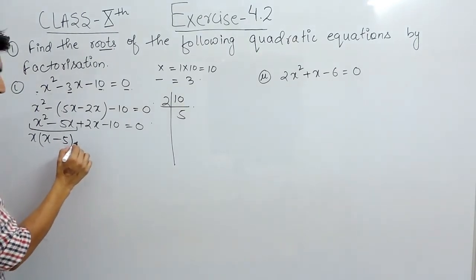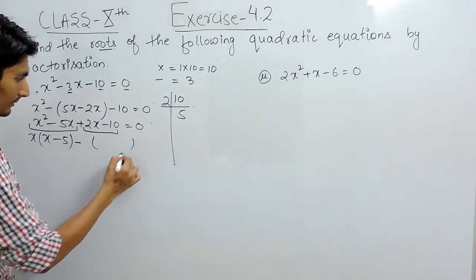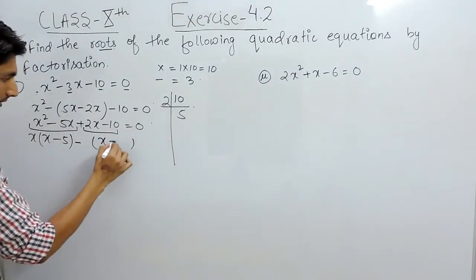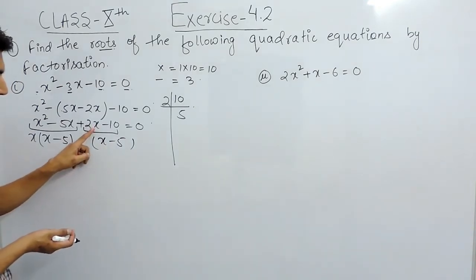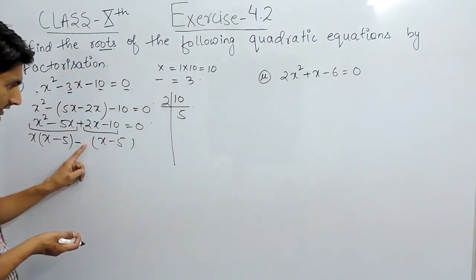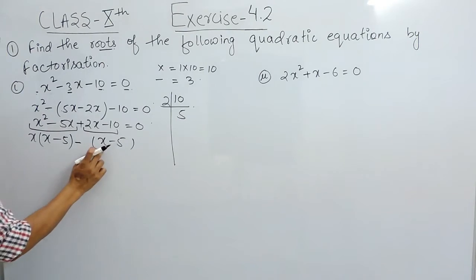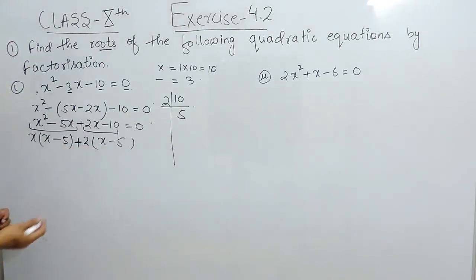Now again you have to take something common from these two, so that inside the bracket the terms are the same. Clearly, there is 2x, and you have to take something so that only x remains inside the bracket. So you have to take plus 2 as common.